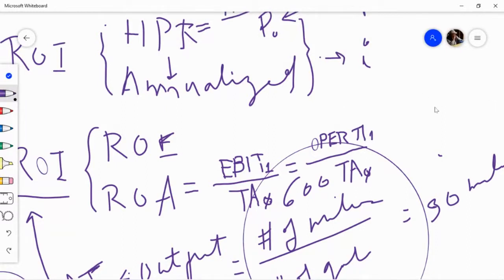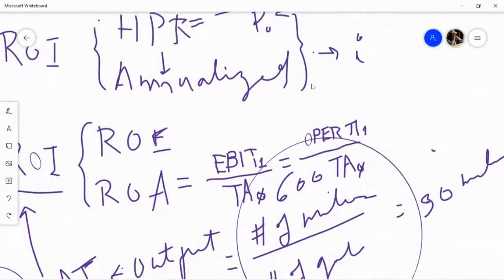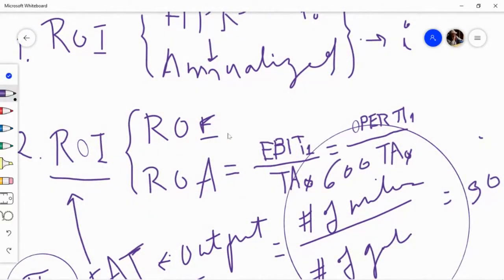If you think about it, most of the time, return on equity holders, which is ROE, is the appropriate measure for equity holders, because for equity holders, the net profit belongs only to equity holders, so it's appropriate for equity holders.